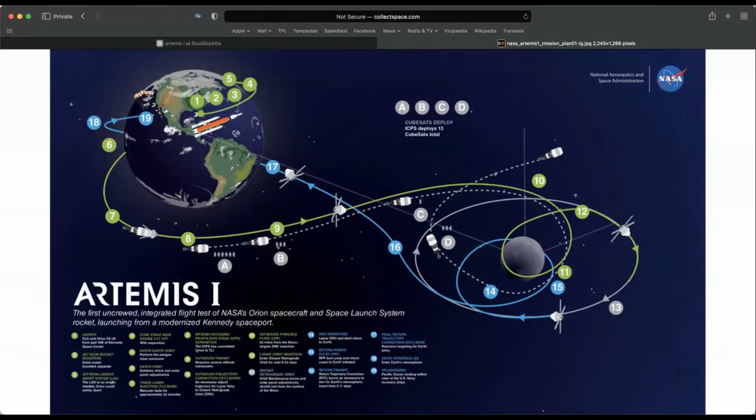This is a graphic of the Artemis 1 mission. We will launch. These are various burns and key points along the flight. We'll go almost all the way around the Earth, and then we will do something called TLI, translunar injection, which will send us on a course to the moon. And we're actually in front of the moon.